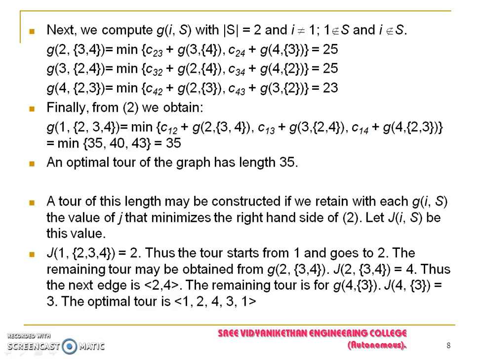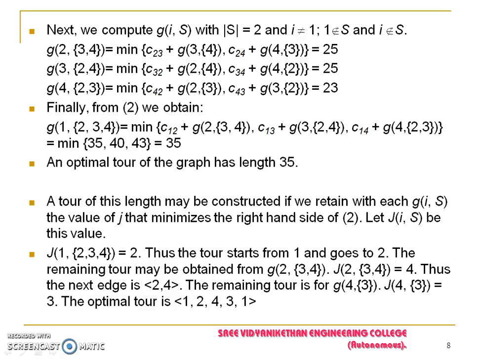When the size of set S is 2, g(3, {2, 4}) is equal to the minimum of C32 plus g(2, {4}) and C34 plus g(4, {2}). Similarly, g(2, {3, 4}) and g(4, {2, 3}) are calculated, whose values are 25, 25, 23 respectively.